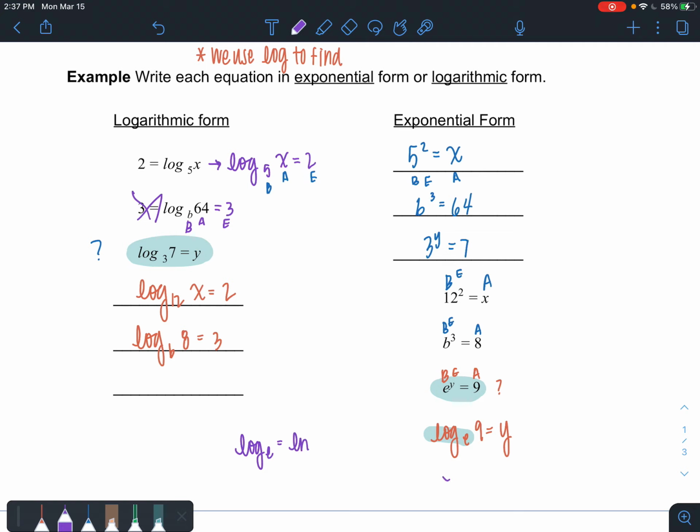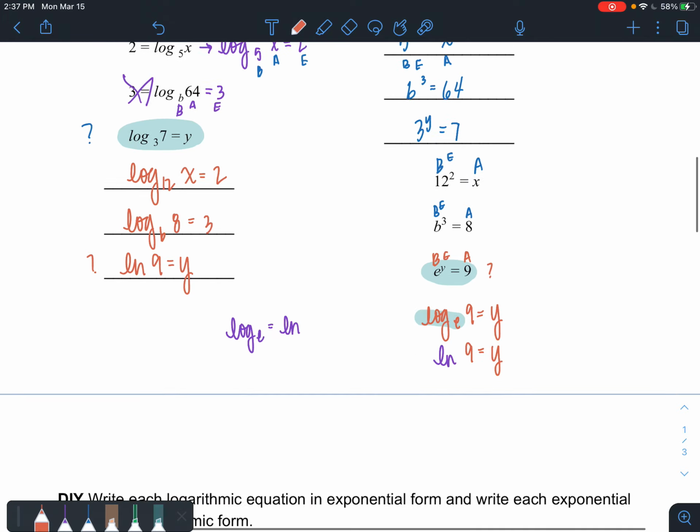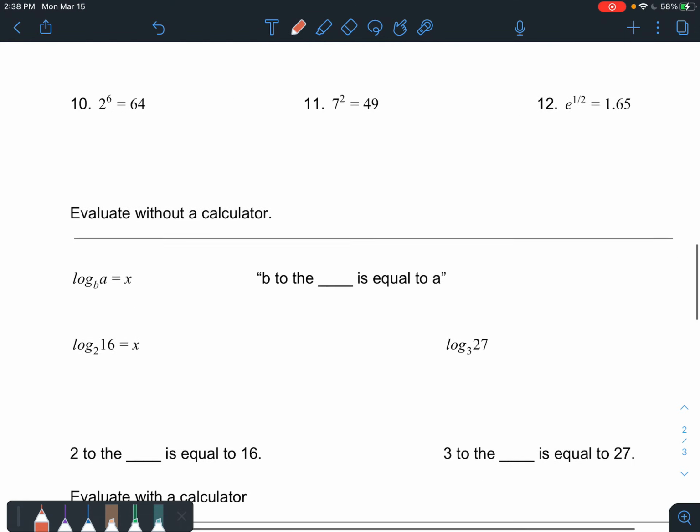So I can change this to ln of 9 equals y. So that is what our answer is there. Saving those ones for later.